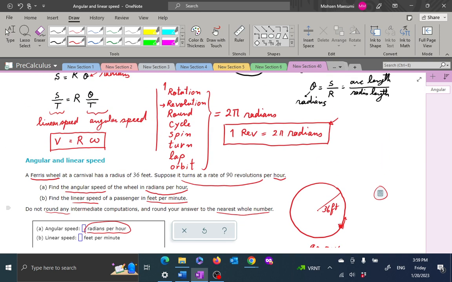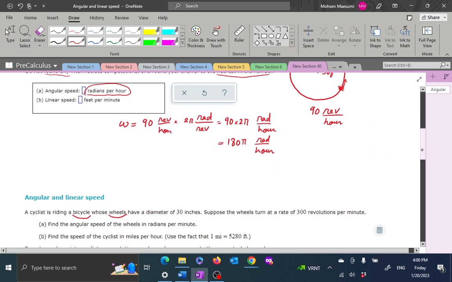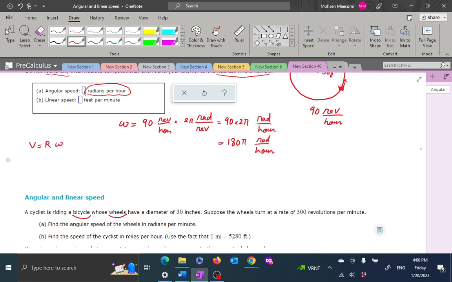To convert from angular speed to linear speed, all we have to do is multiply by the radius. So v is equal to r times omega. It's simple enough to just multiply. The major issue here is to get used to unit conversion.